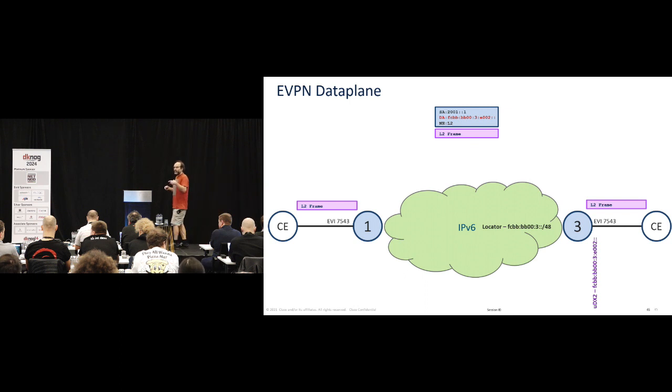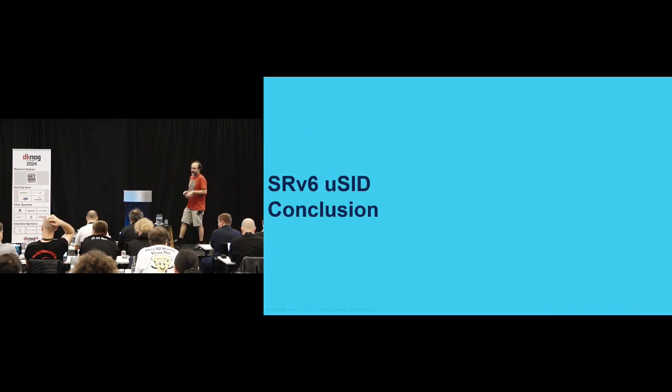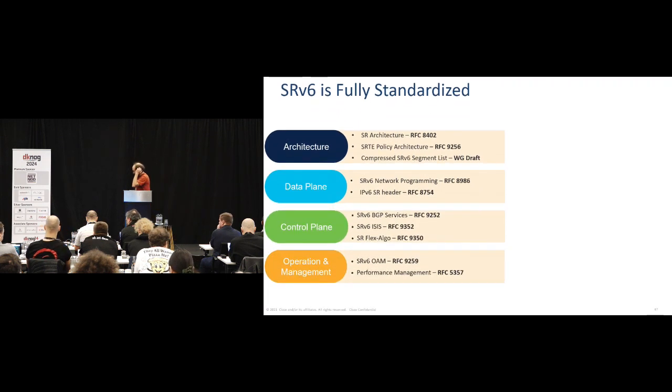This way, we are building a much simpler network, end-to-end, and those networks are just IPv6 networks. There is no MPLS switching. There is no BGP-LU. There is basically infinite scalability using that routing. So, to conclude, SRv6 is here, and it's fully standardized.